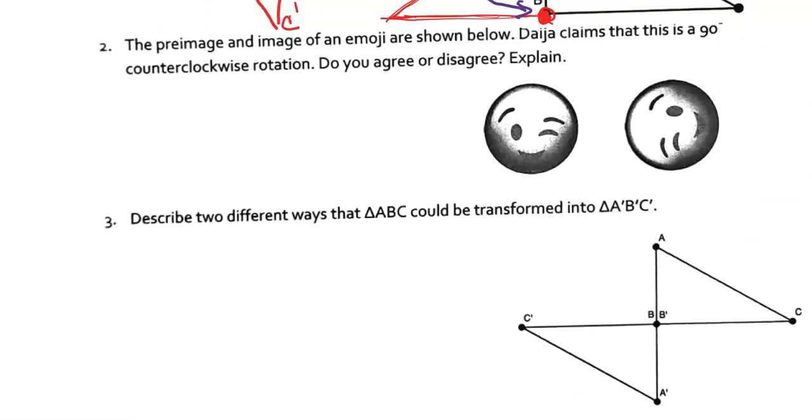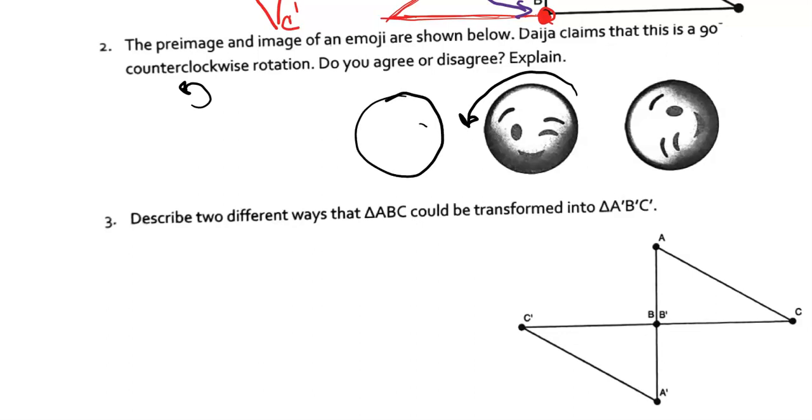The pre-image and image of an emoji are shown below. Daija claims that this is a 90-degree counterclockwise rotation. Remember, counterclockwise goes this way. Do you agree or disagree? Explain. So if we take this original image and we rotate it 90 degrees this way, let's draw a little picture.